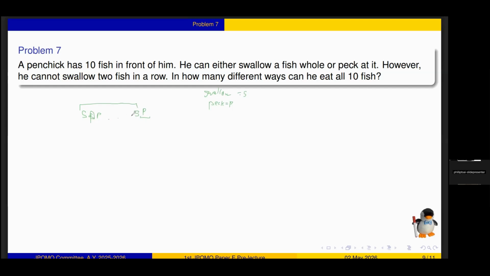And in fact, if you remove the S here, since without the swallow you don't have any other conditions, this is just the number of regular sequences that you want.